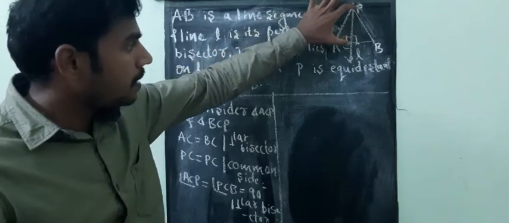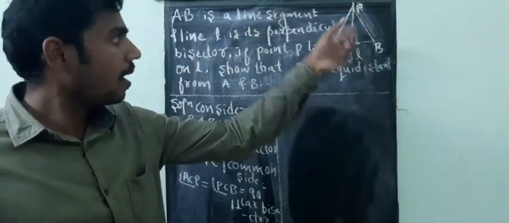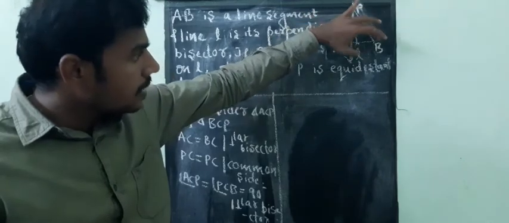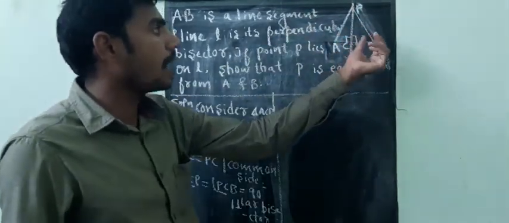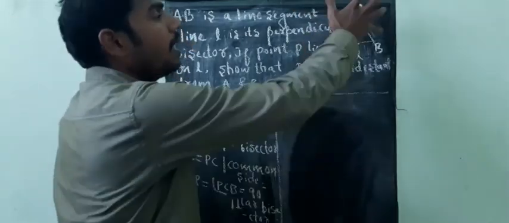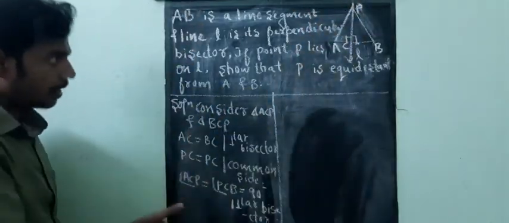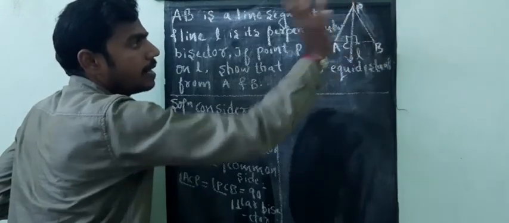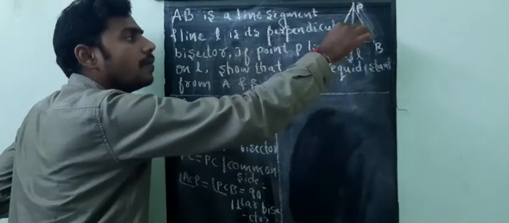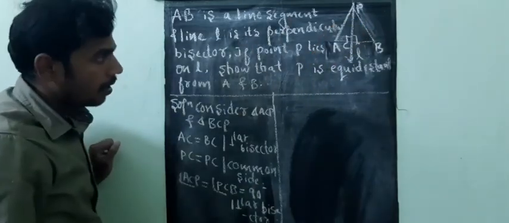Now what we can see, AC and PC and the included angle of one triangle, PC and CB and the included angle of the other triangle, they are equal. See, we did the same thing. We showed this side is equal to this side. This side is common, and the included angle between these two sides are equal.